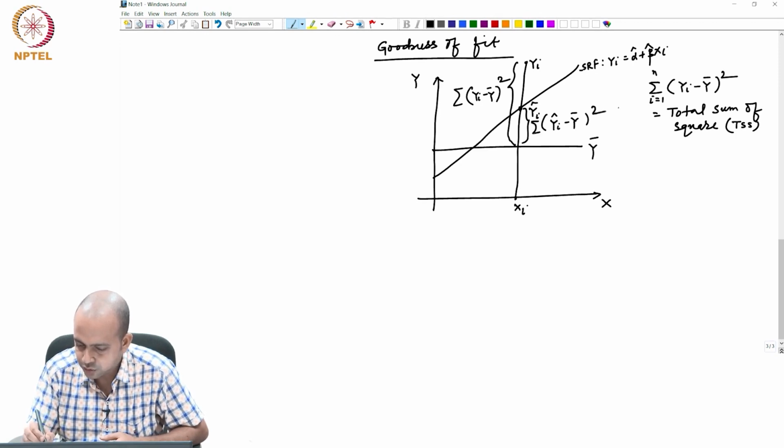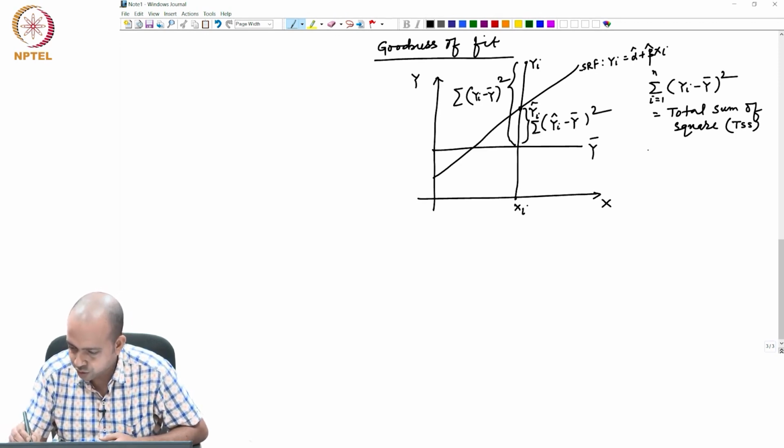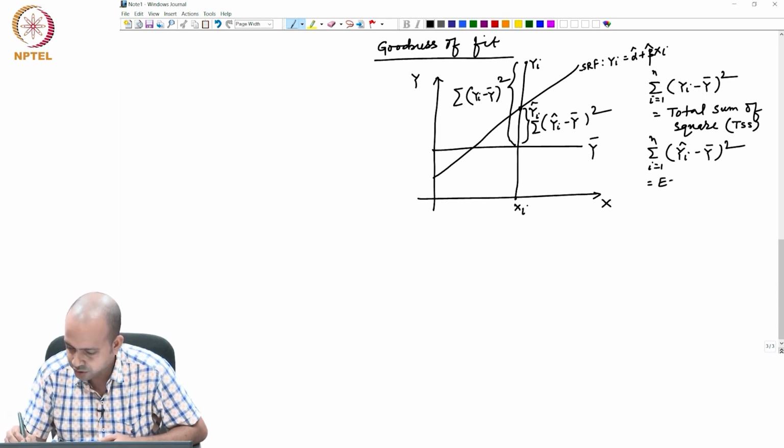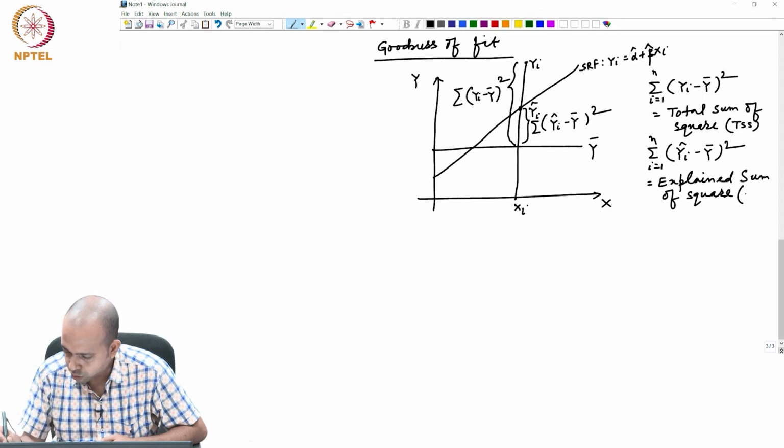Again you take square, and that is summation yi hat minus y bar whole square, that much you have explained, i running from 1 to n, that is called explained sum of square or ESS.